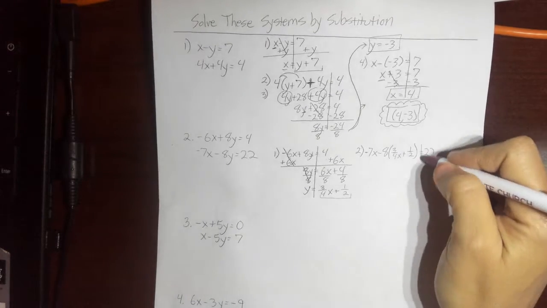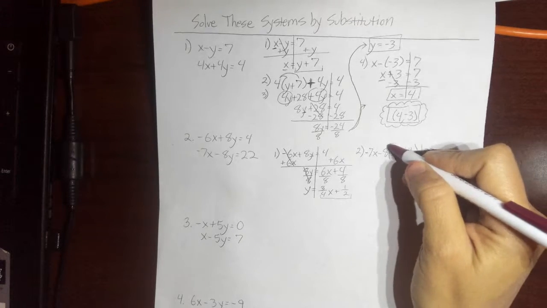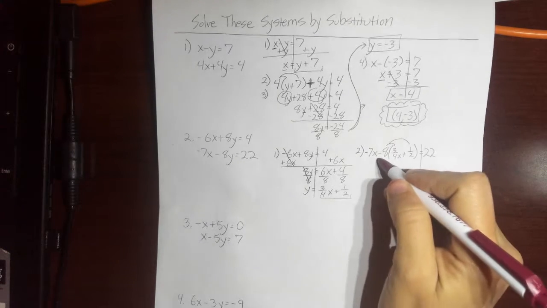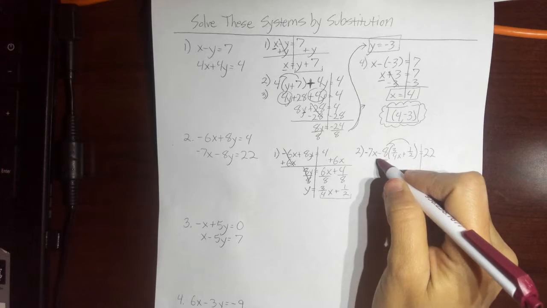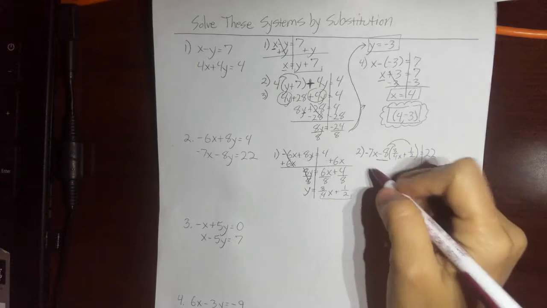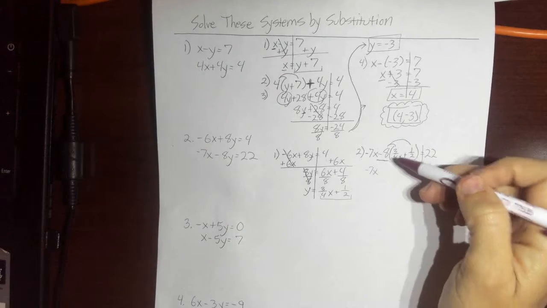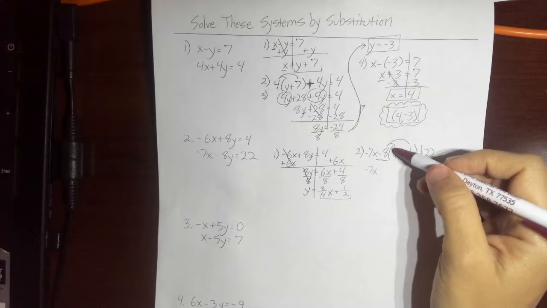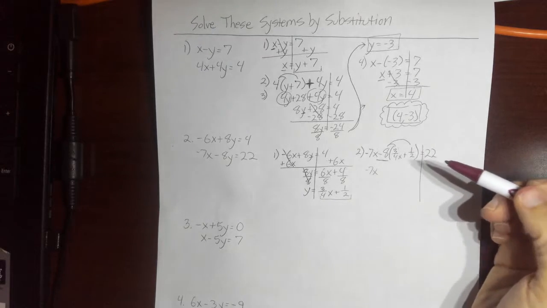Before I can solve for x, I'm going to have to distribute first. Remember, if there's a negative in front, that's a negative 8, so you're multiplying negative 8 times 3/4. You could put this in the calculator, just make sure your fractions are in parentheses when you do that.